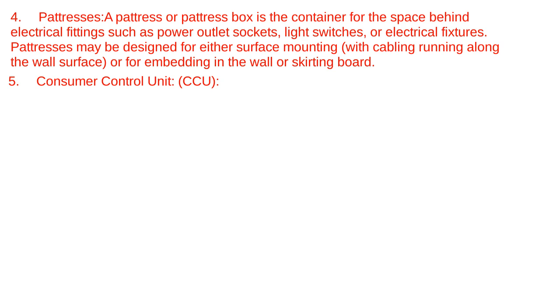The electrical power feed provides supply to the subsidiary circuits. Subsidiary circuits, these are the final circuits. So from the main distribution board, then you have the consumer control unit, and we call it consumer control unit because the consumer who is not electrically literate is able to operate the CCU.